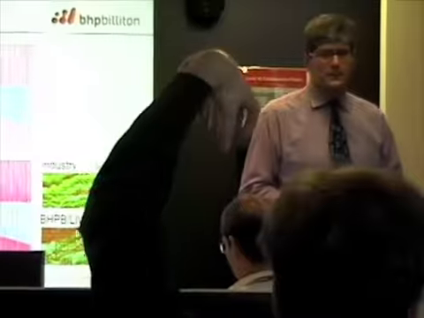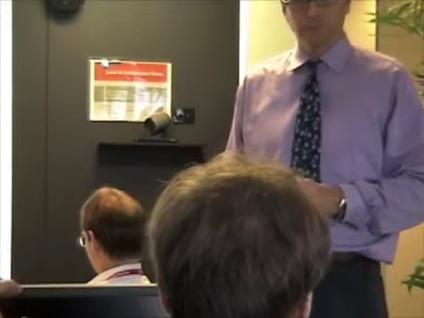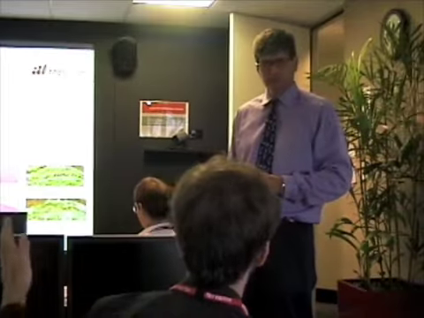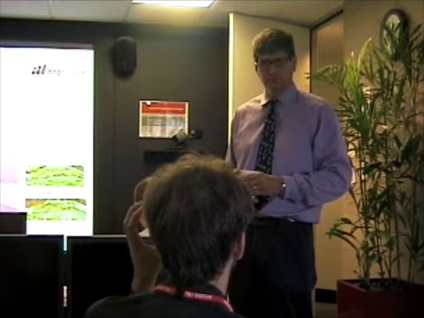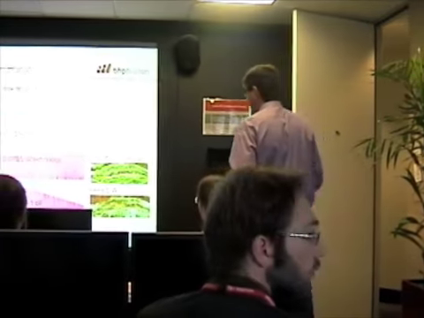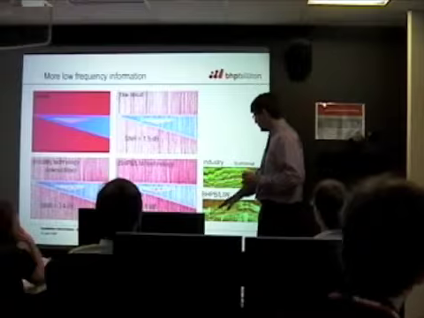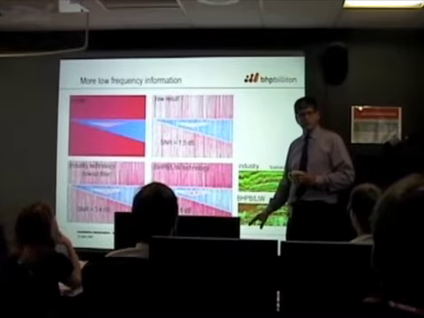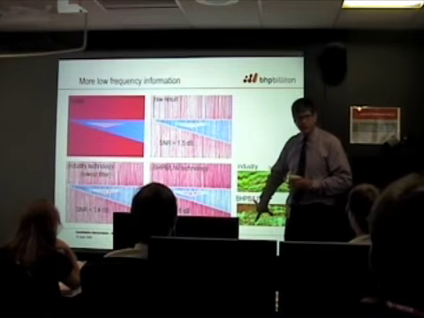If the instruments that you put down these holes, which give you your well log, are only sampling a small area, can you trust their low frequency information as much as you trust the high frequency information? Well, in this case, we actually have more information over a fairly large area.